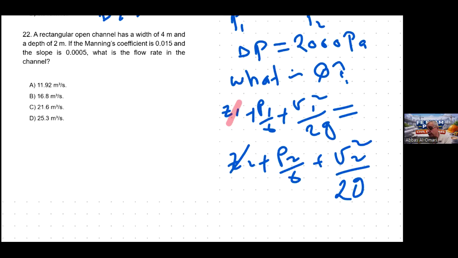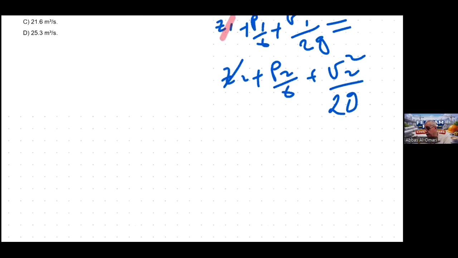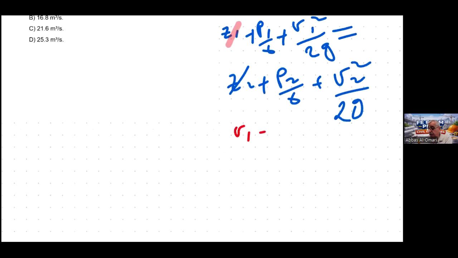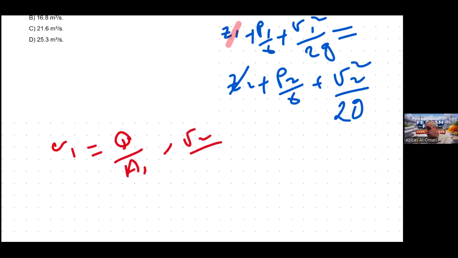Now V1 equals Q over A1, and V2 equals Q over A2.